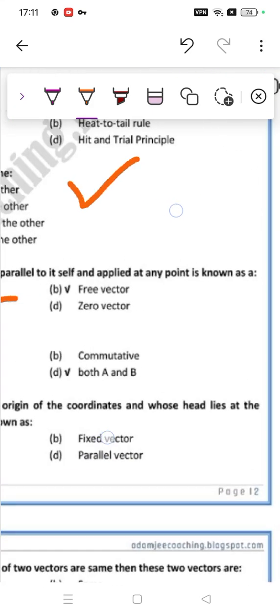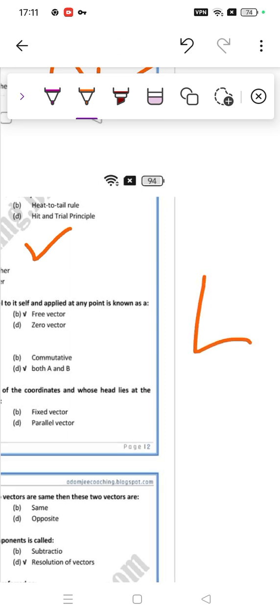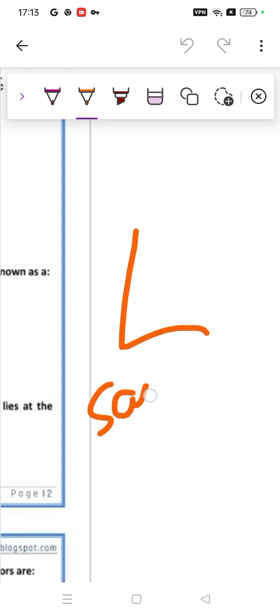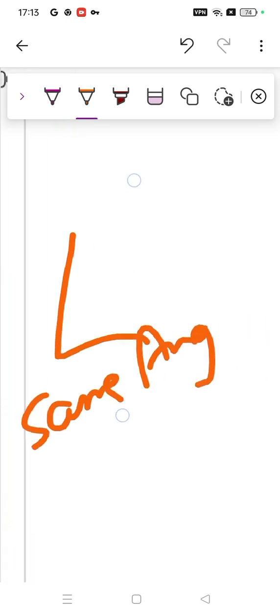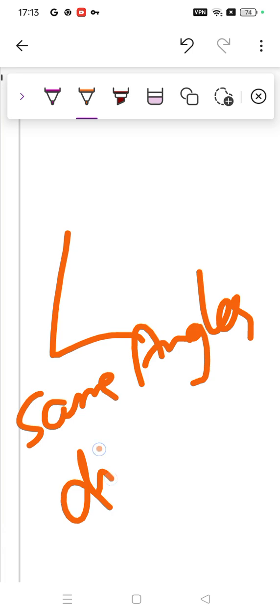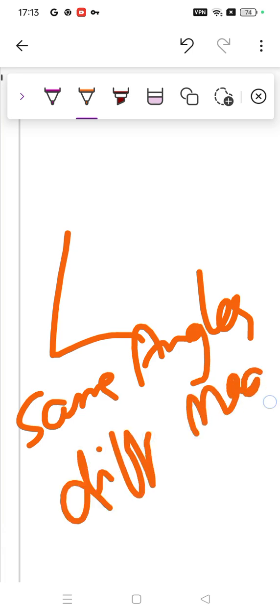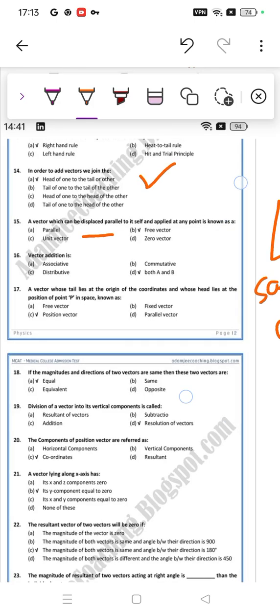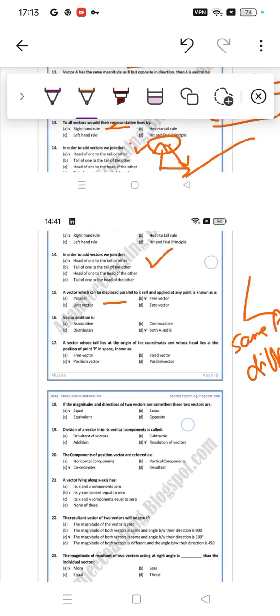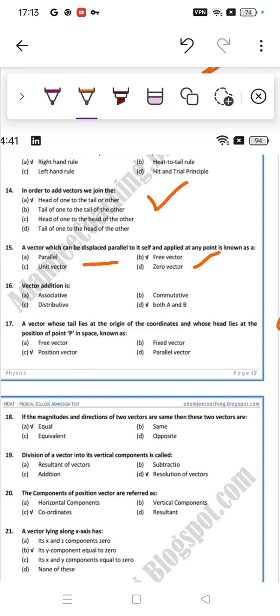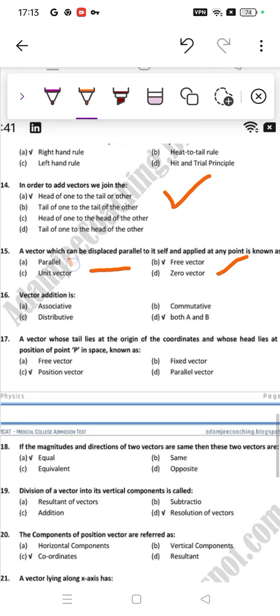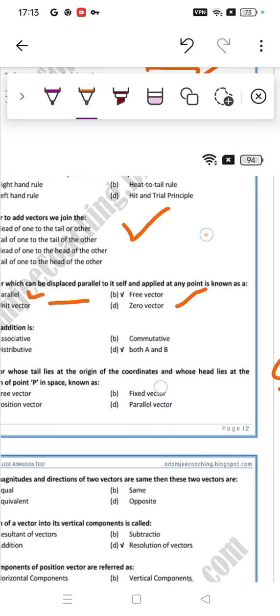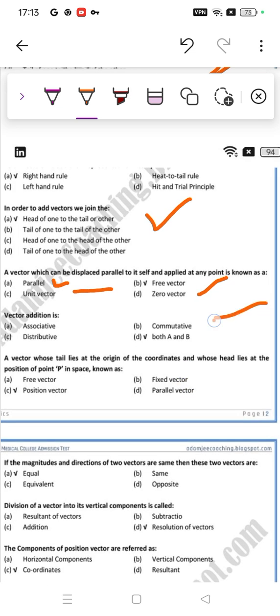When they're parallel to itself, parallel vectors have the same angles but different magnitudes. That's called a free vector, or which question we were doing, that's called a parallel vector, which is parallel to itself. But here they're asking which is parallel to itself and applied at any one point.